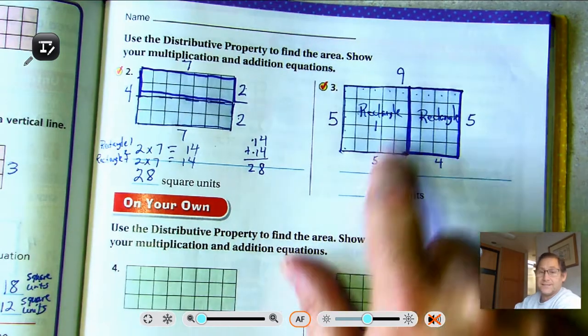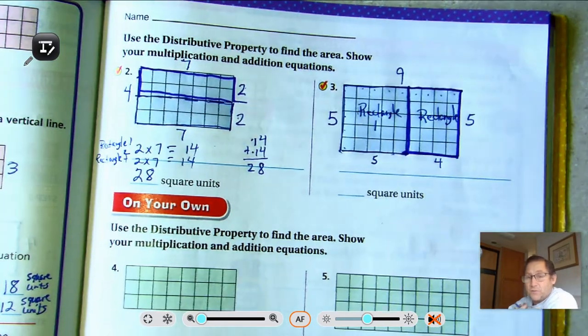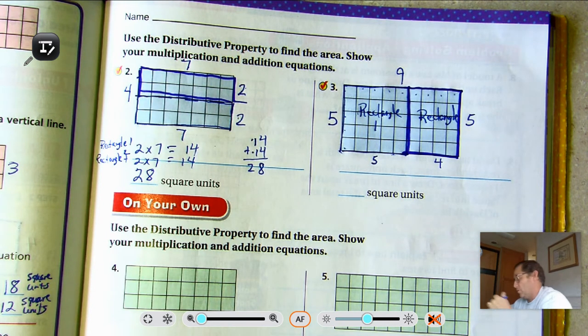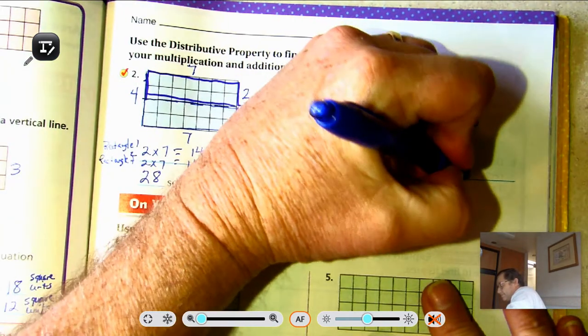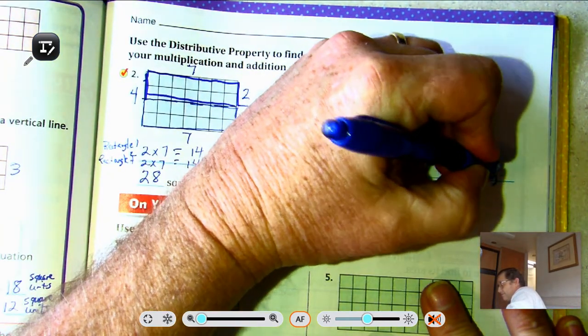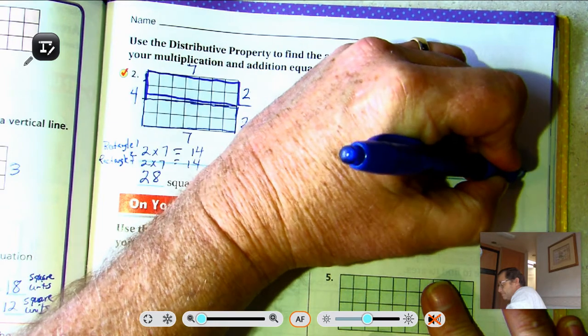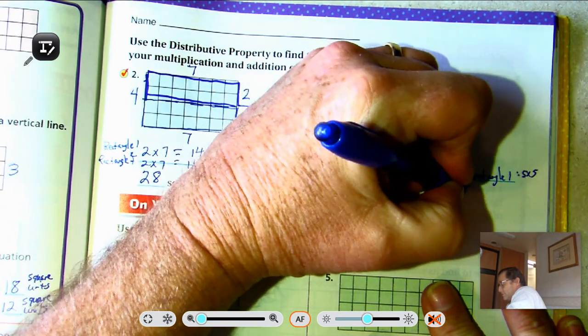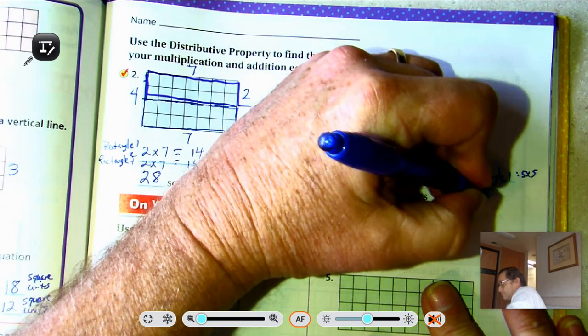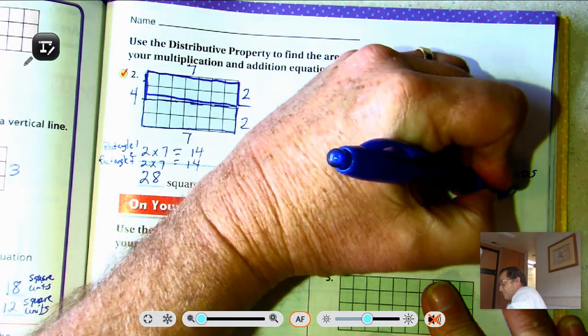And 5 and 4 is 9. So what I did was I broke up the 9 and multiplied the addends of 9 with a 5. So rectangle 1, 5 times 5. Rectangle 2, 5 times 4.